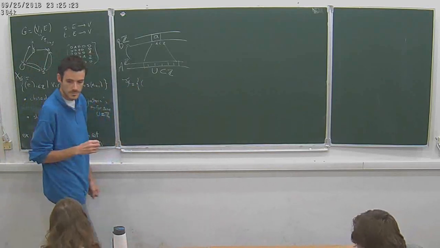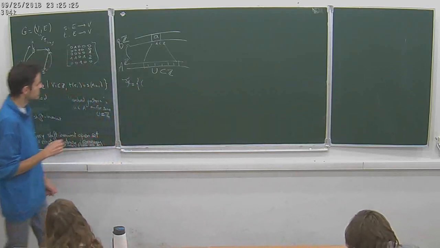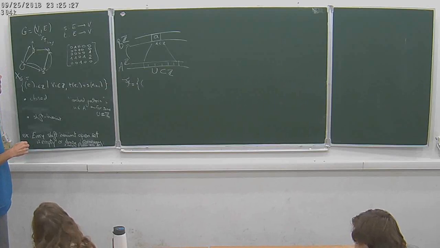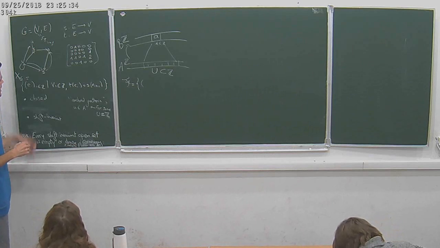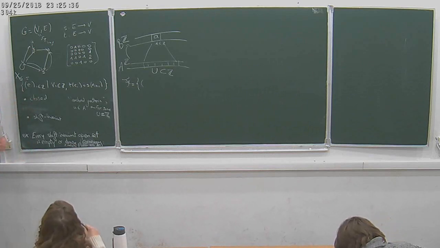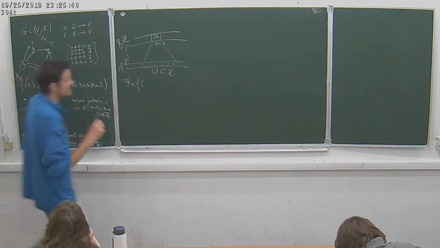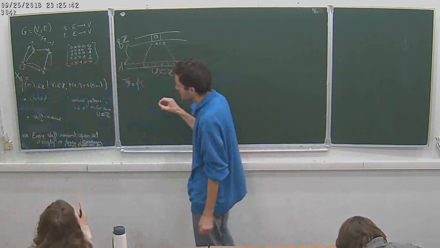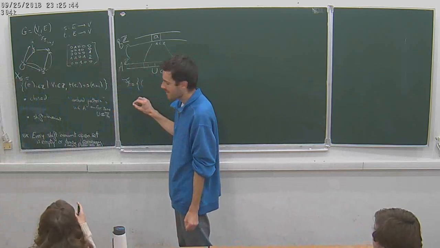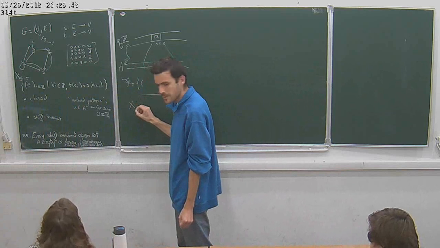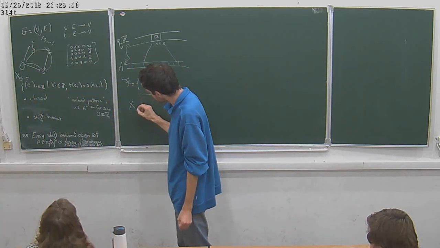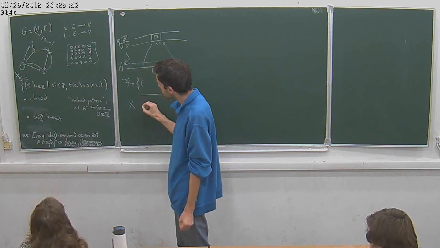All edges that are not in red. All directed edges that are not. So in order, it should be like pairs. For example, 1, 2 is not forbidden, but 2, 1 is forbidden. For example, in this way.